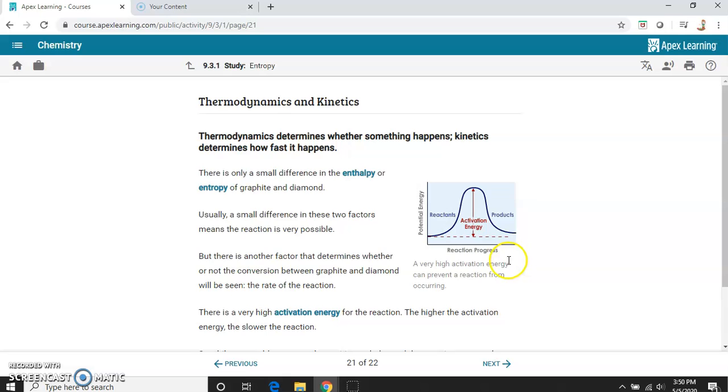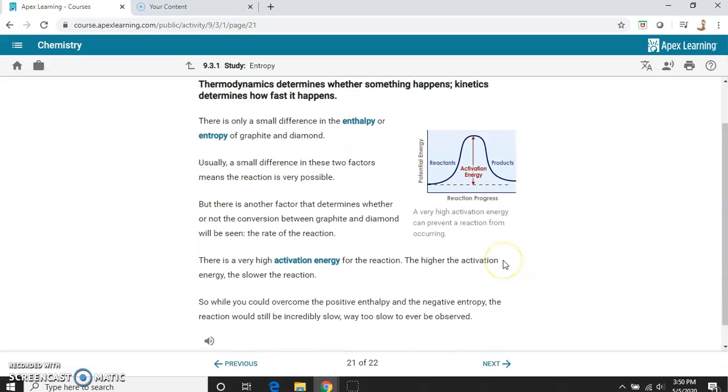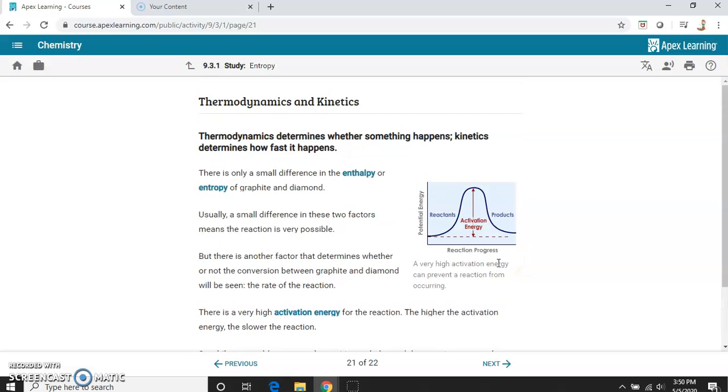The last thing, it's kind of hinting probably as we move forward: thermodynamics, which we've been doing, determines whether or not something will happen. Kinetics determines how fast. So there's another factor that determines whether or not it will be seen: the rate of reaction, how fast this reaction is going to happen.